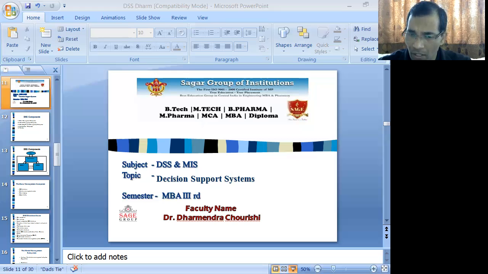Likewise, OLAP, the online analytical process, object-oriented database, and commercial DBMS. So these are the different issues we have in DSS.